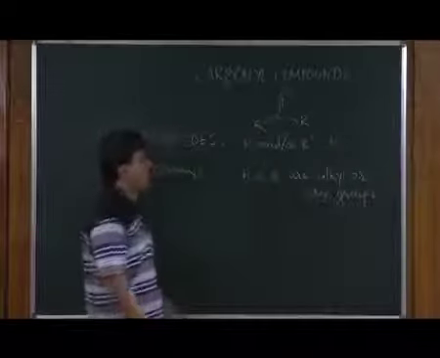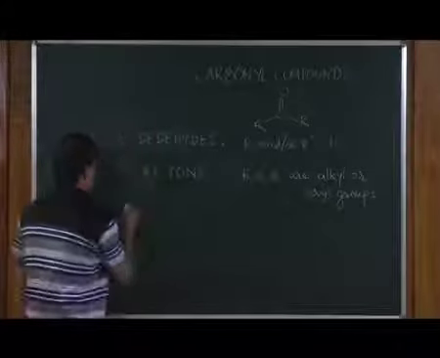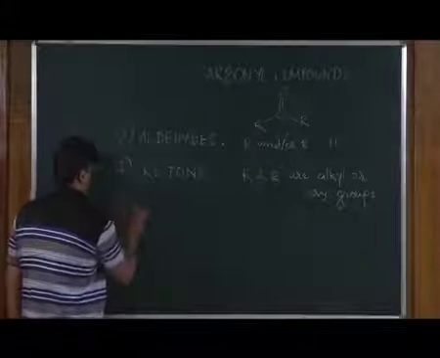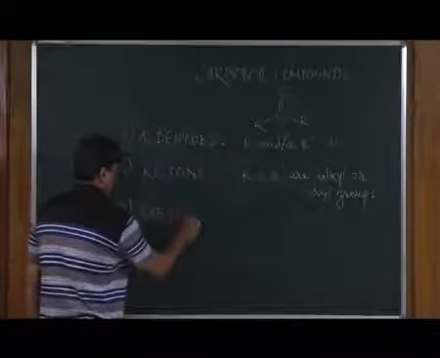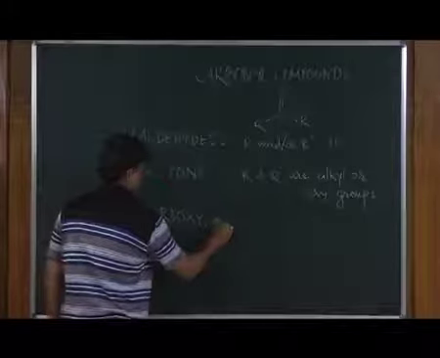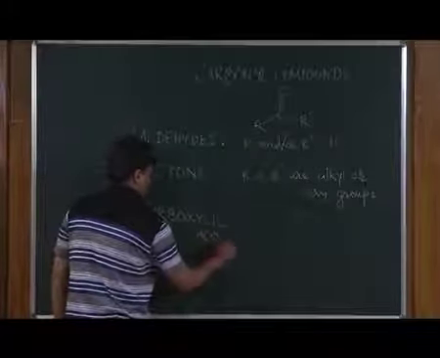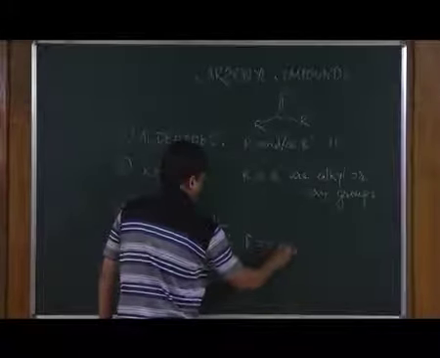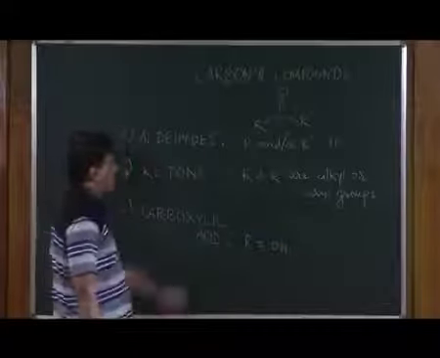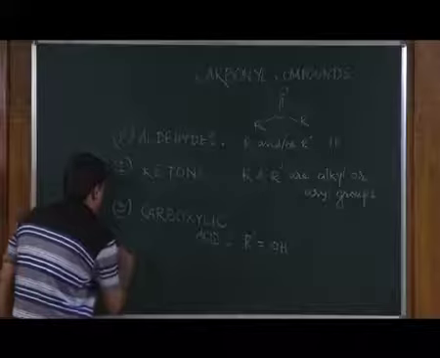And in ketones, R and R dash must be alkyl or aryl groups. In carboxylic acid, the R dash should be OH.